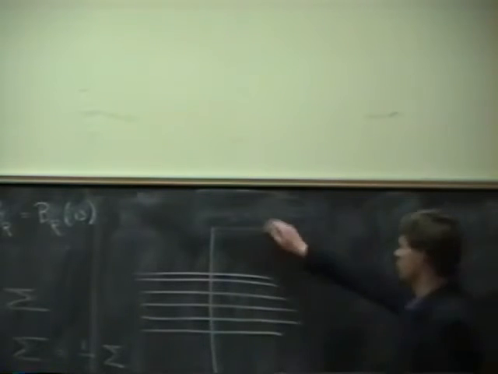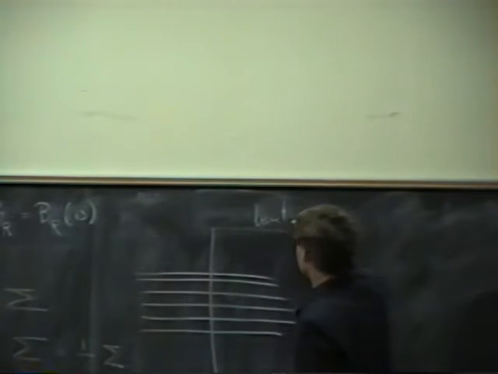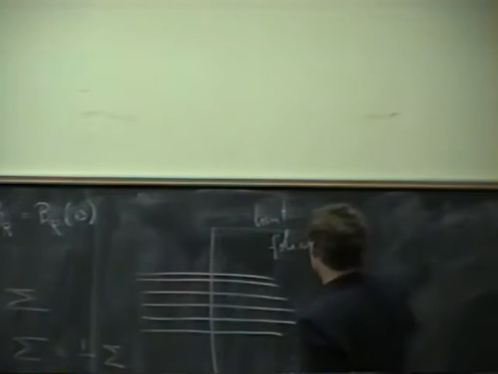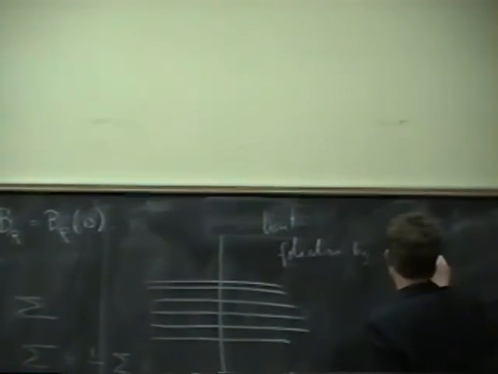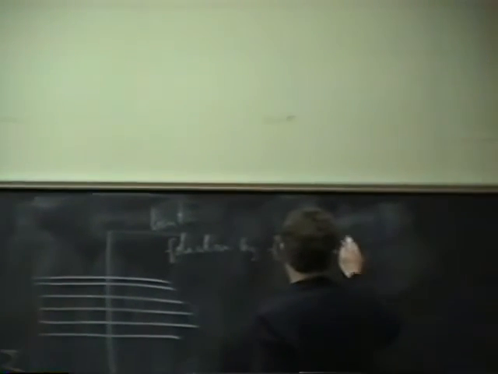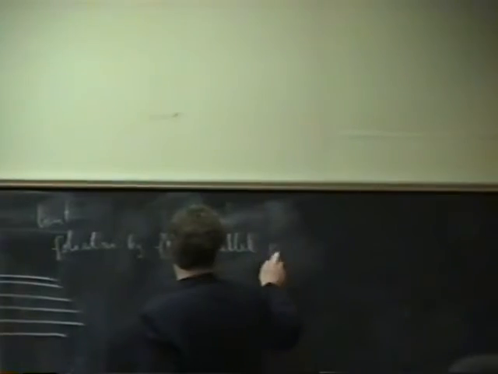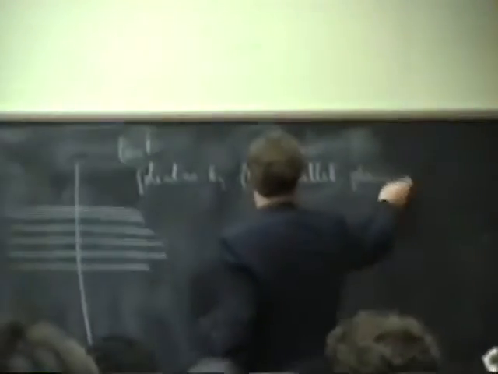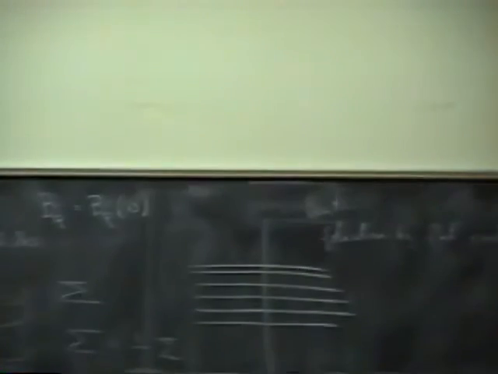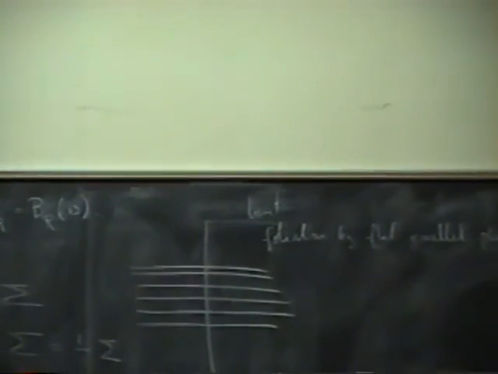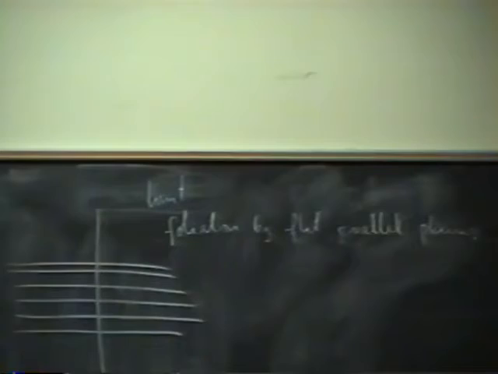So this here is the limit where you get a foliation by flat parallel planes. So that's how rescalings of the helicoid look.